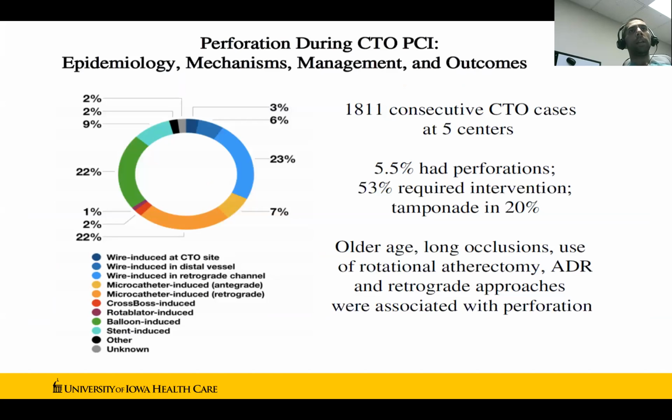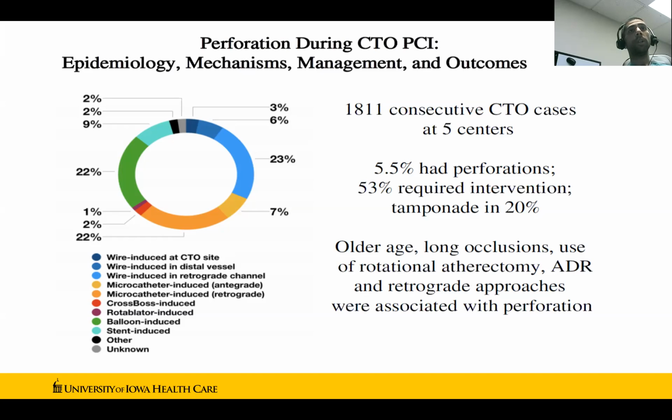Perforation, as I told you, looking at different cases, there's a 2 to 5% chance of having coronary perforation. Half of them actually in this registry required an intervention. Tamponade happens in less than what you would expect, only about 20% of the patients. But it's important to recognize these and be able to manage these and call on your surgeon if you need it.